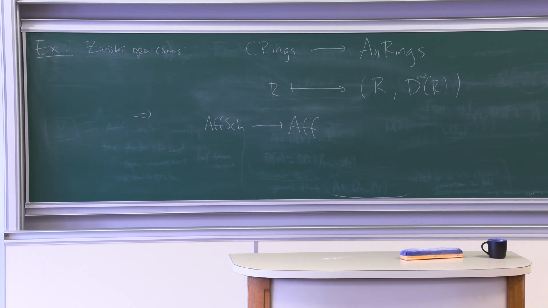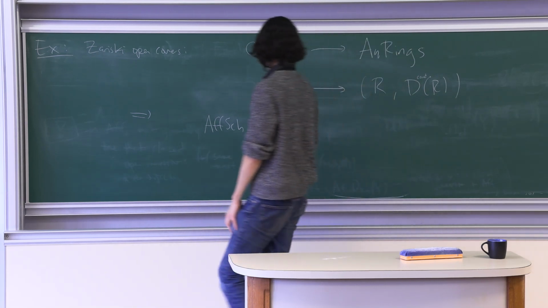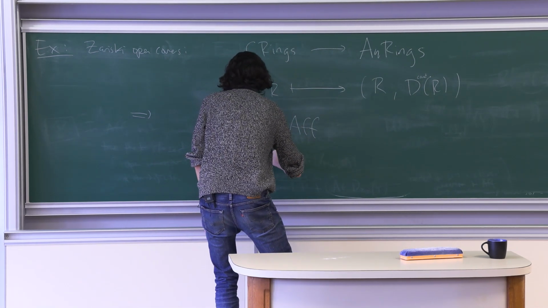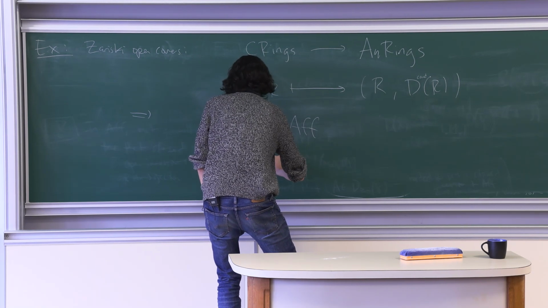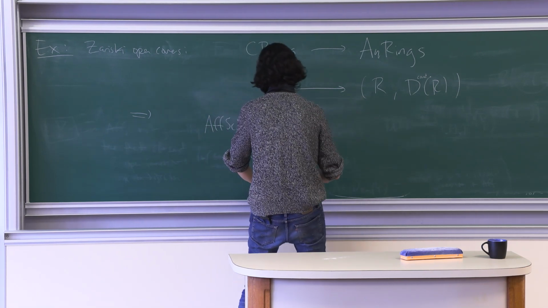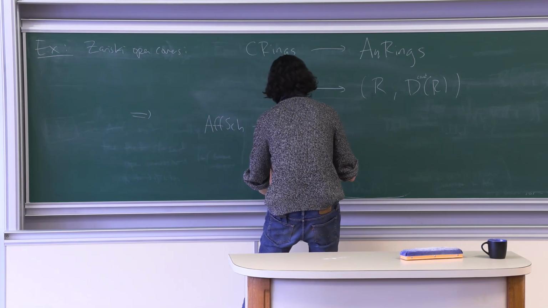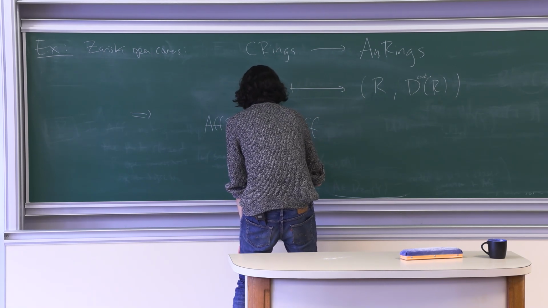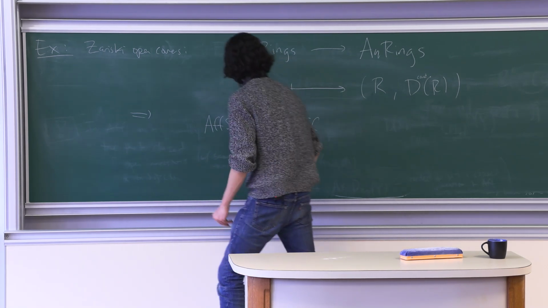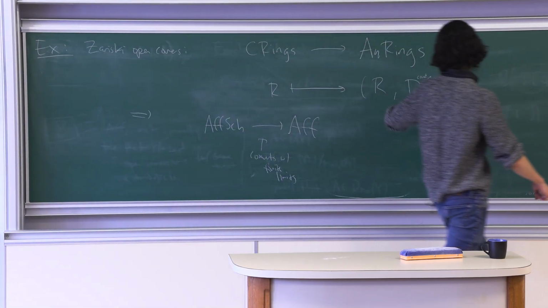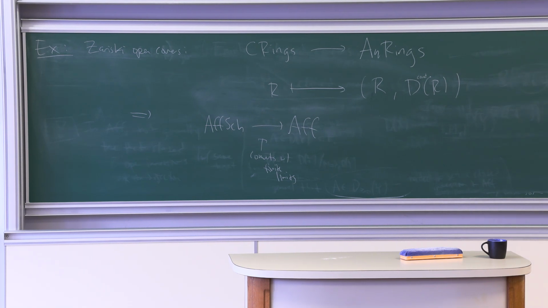And maybe a remark is that this functor commutes with fiber products, with finite limits in fact. So it also sends the terminal object to the terminal object. Or in other words, relative tensor products in commutative rings are also relative tensor products in analytic rings.